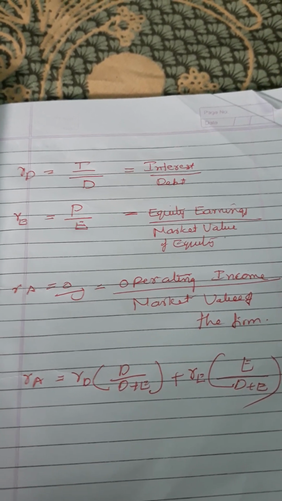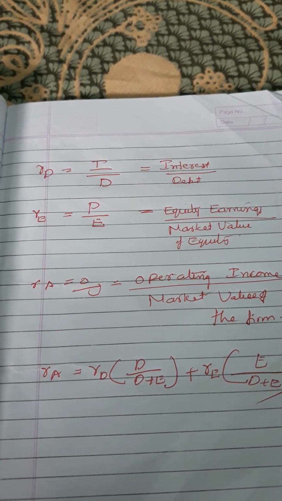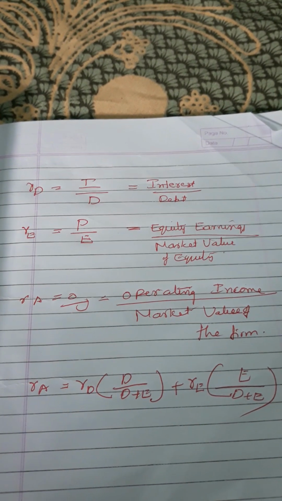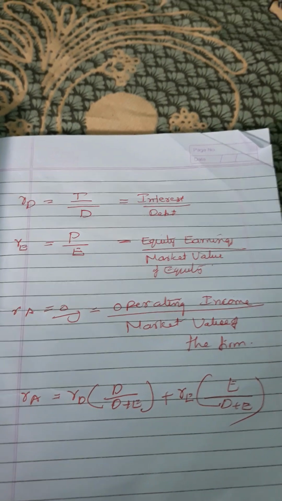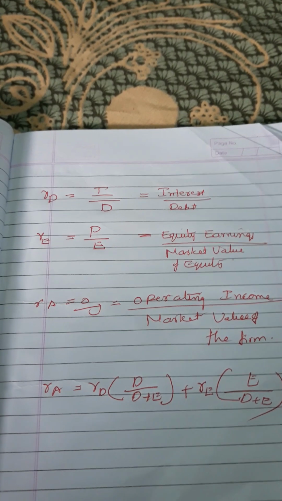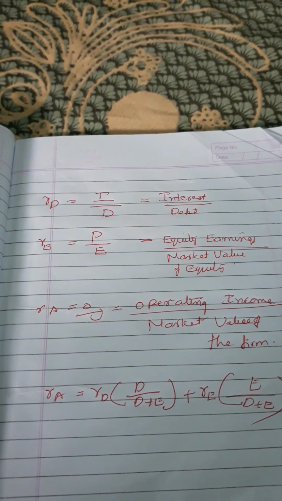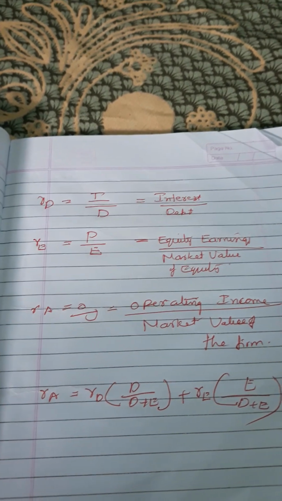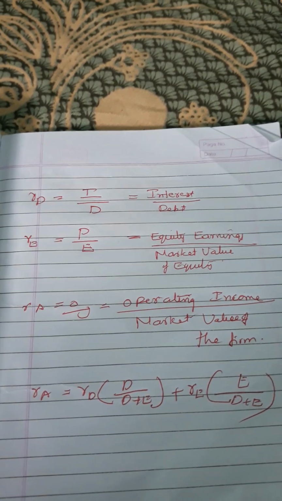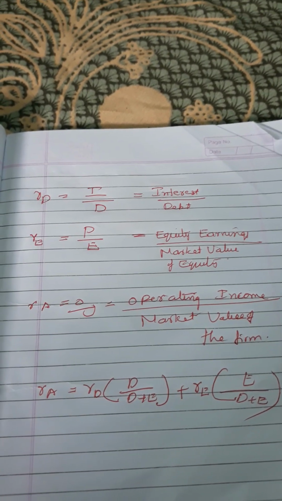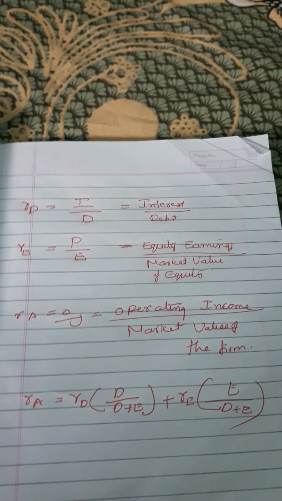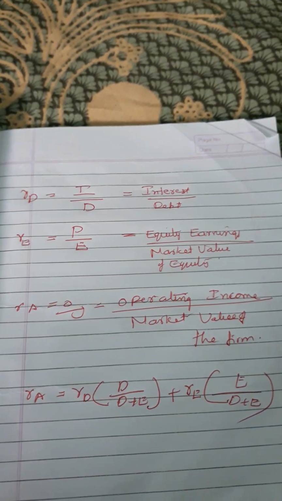That is, if a firm lists its shares in the market, there is some share price according to the demand for the share, and that price multiplied by the total number of shares is the market value of the equity. So in one way it is the return on equity. We could say how much one share is earning, or otherwise how much the equity investment is earning.